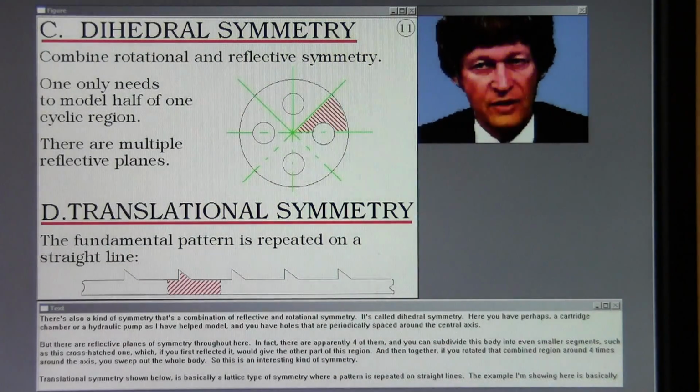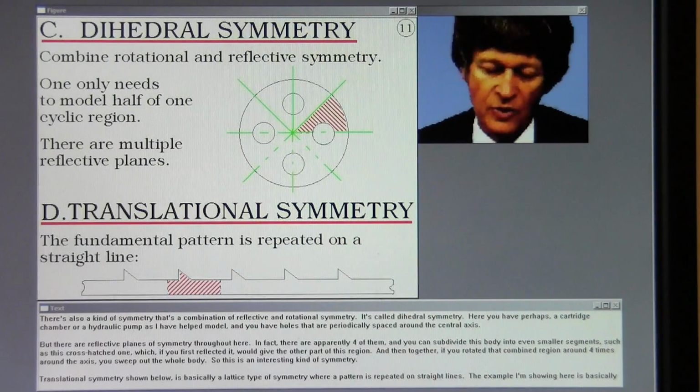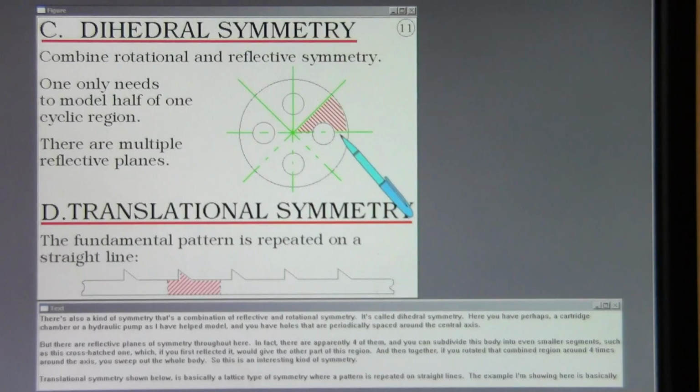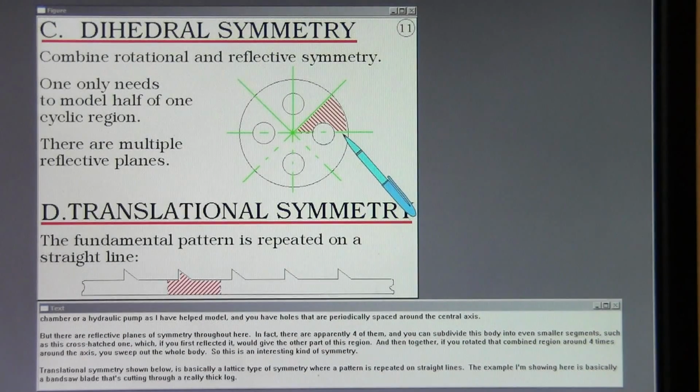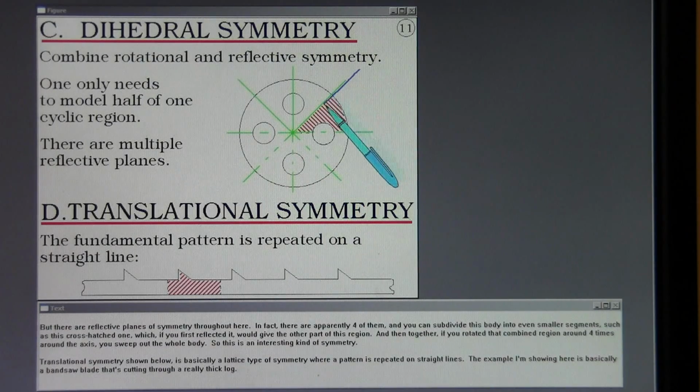There's also a kind of symmetry that's a combination of reflective and rotational symmetry. It's called dihedral symmetry. Here you have perhaps a cartridge chamber or a hydraulic pump, as I have helped model, and you have holes that are periodically spaced around the central axis. But there are reflective planes of symmetry throughout here. In fact, there are apparently 4 of them.